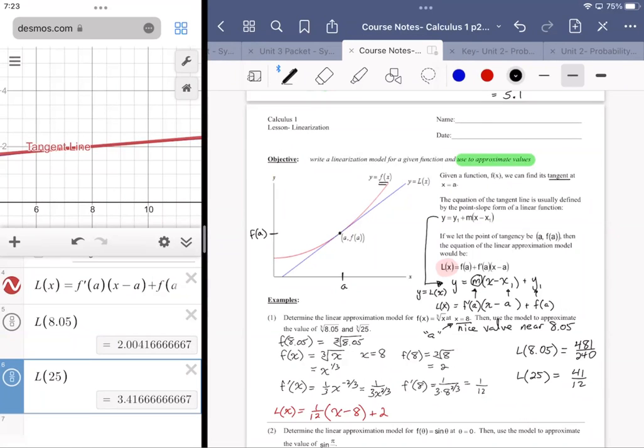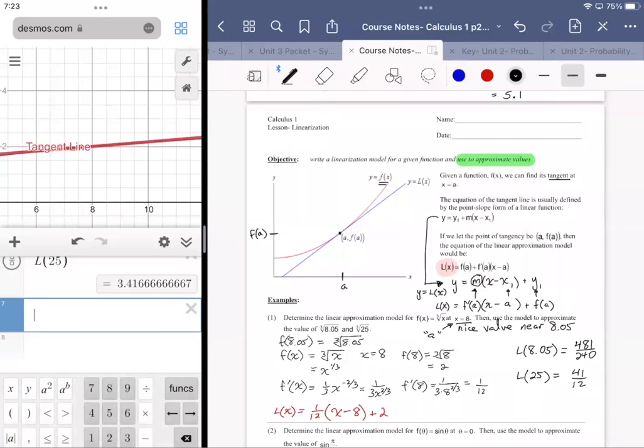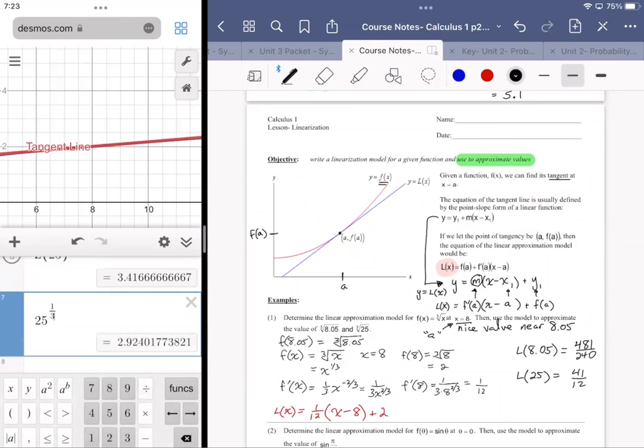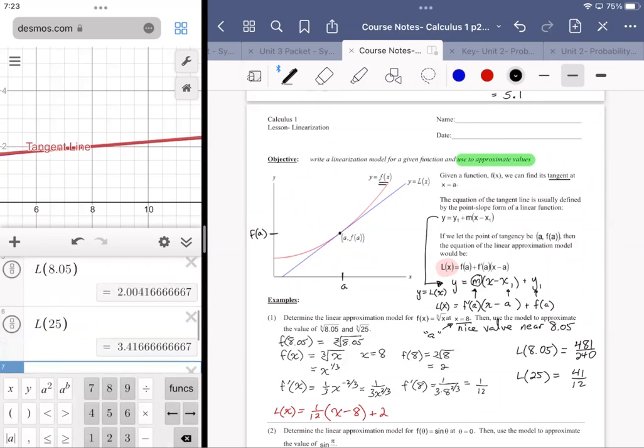Well, it's definitely less than 3 because the cube root of 27 is equal to 3. So this is way off, right? But if you're not sure, 25, raise it to the 1/3 power. Yeah, so 2.9. So this is about half a unit off. Whereas the other one, it's not going to be off by a whole heck of a lot, right?